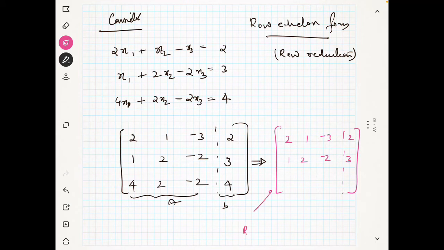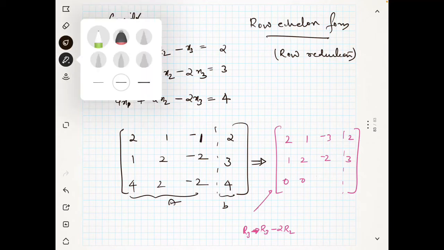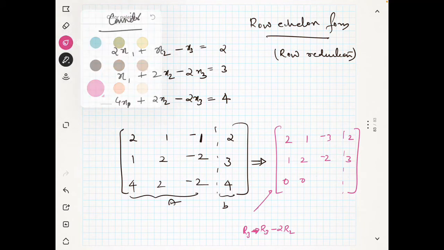Now I am going to write row 3 as row 3 minus 2 times row 2. So 4 minus 2 times 2 becomes 0. I think I have made a mistake here, this is minus 2 times minus 2, so minus 1. Sorry. This also becomes 0 and this also becomes 0.